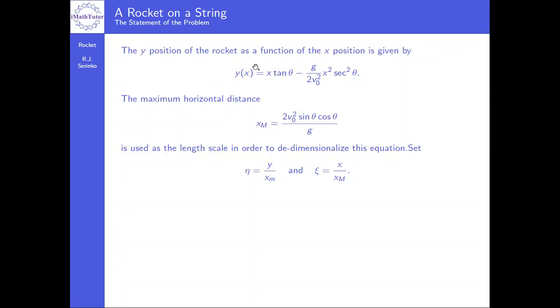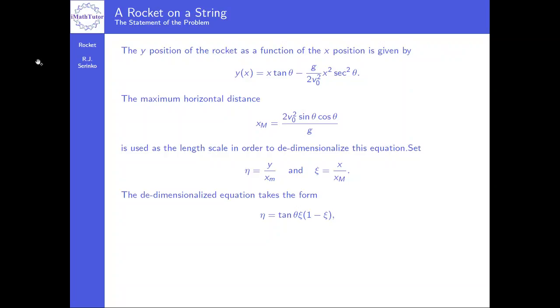That'll give me eta here, z here, but it'll turn one of these factors of x into z, but I'm going to have an additional factor of x, so I'm going to have to multiply and divide by x sub n. When we do that and work through the algebra, that rather messy looking expression at the top of the page reduces to this rather nice looking expression at the bottom of the page. Eta equals tan theta, z times the quantity 1 minus z.